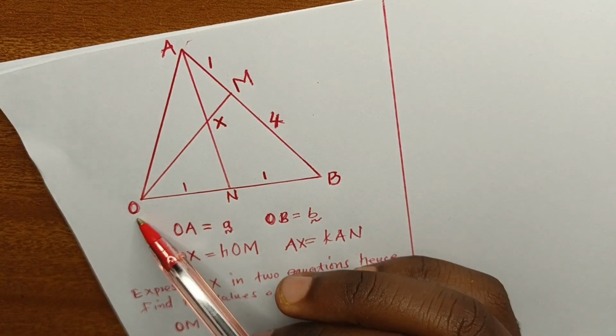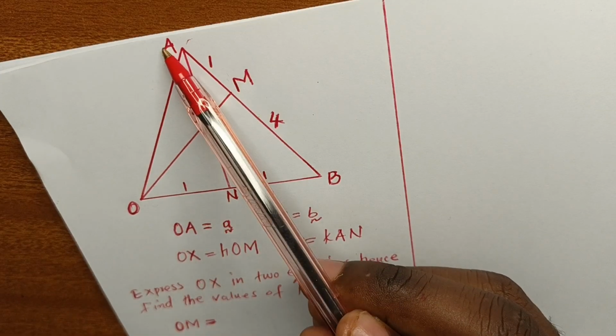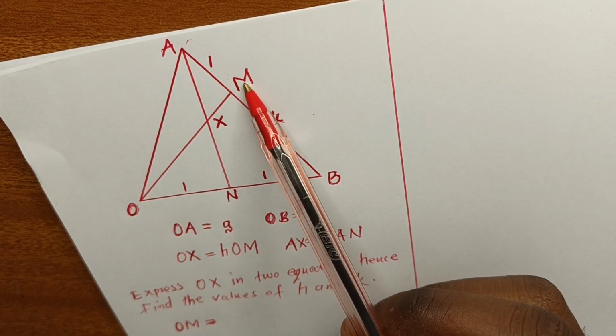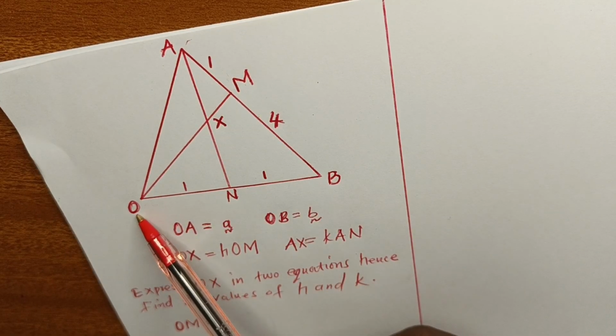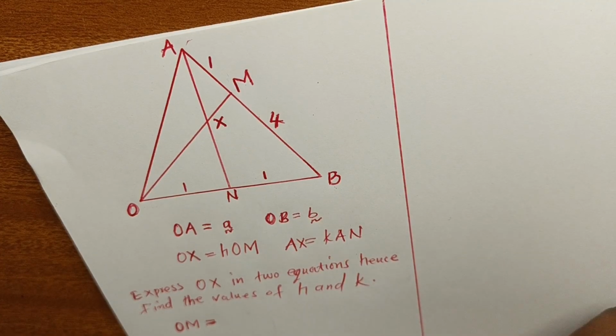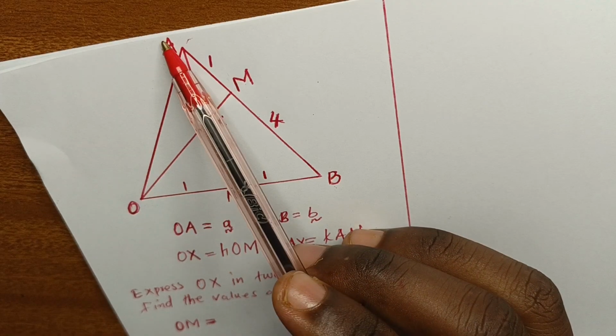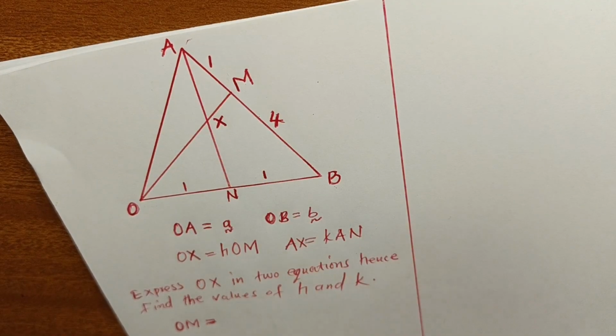From O to M, I can take this path, OA and AM, or OB and BM. For this example, I'll take OA plus AM.